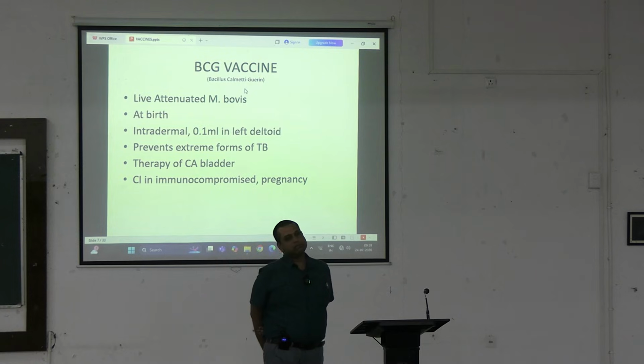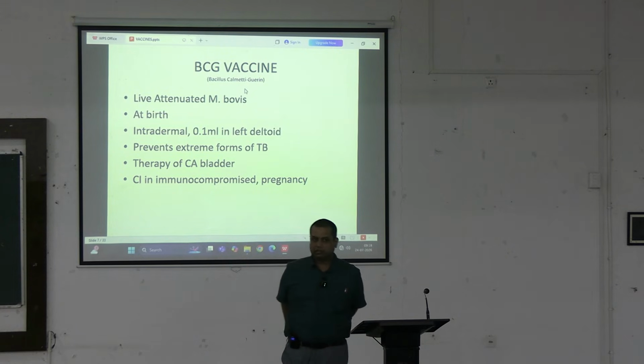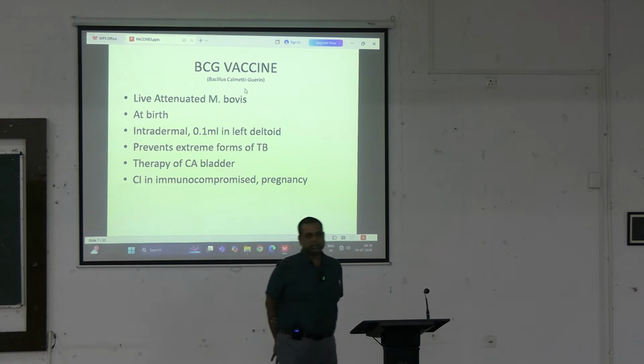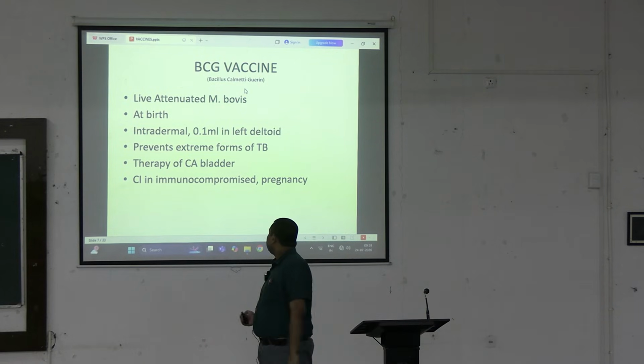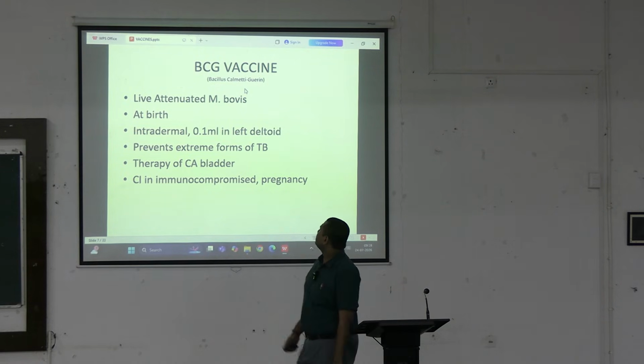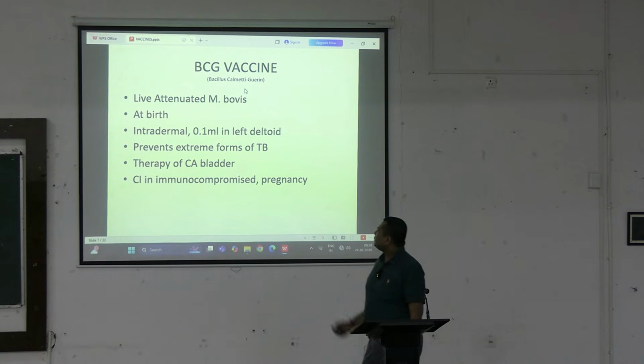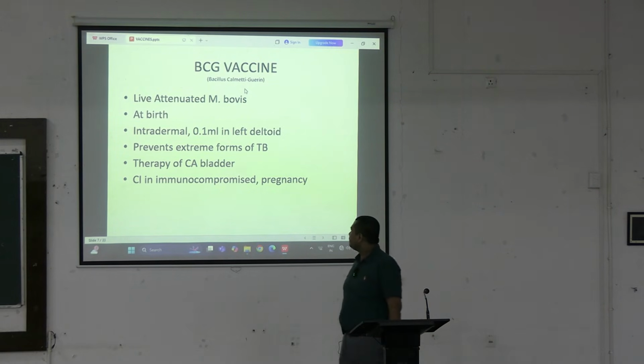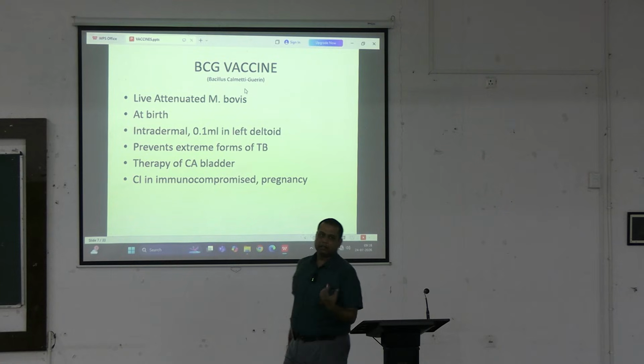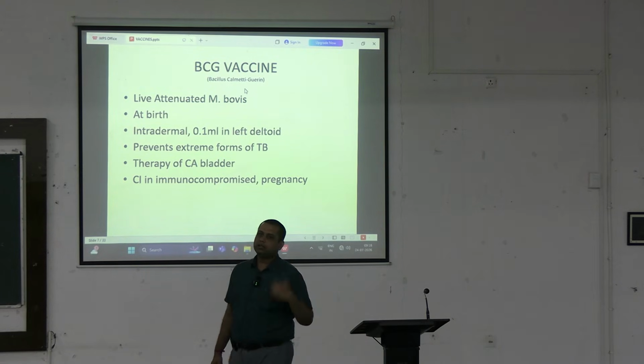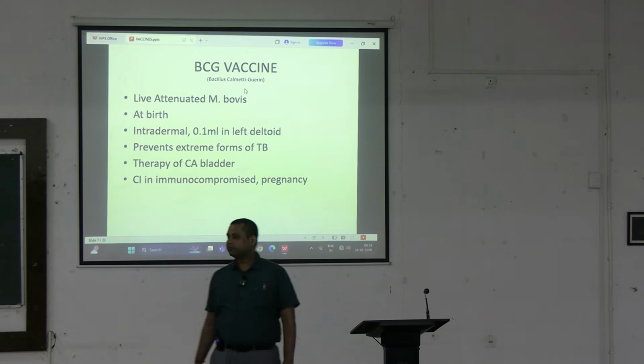BCG vaccine comes as a short note in pharmacology, so get it prepared. Live attenuated Mycobacterium bovis, given at birth, intradermally, 0.1 ml in the left deltoid, which produces the scar in your left deltoid region.